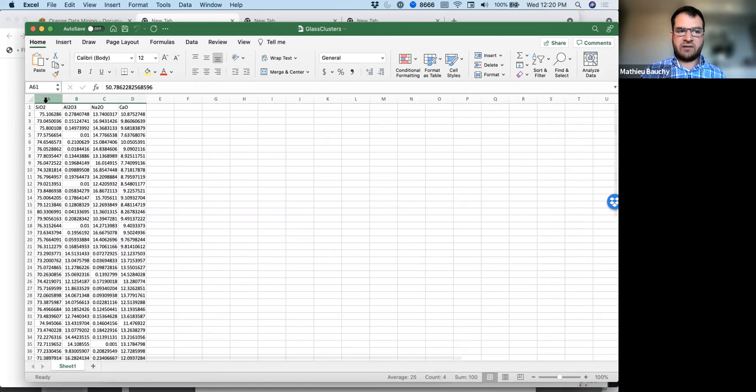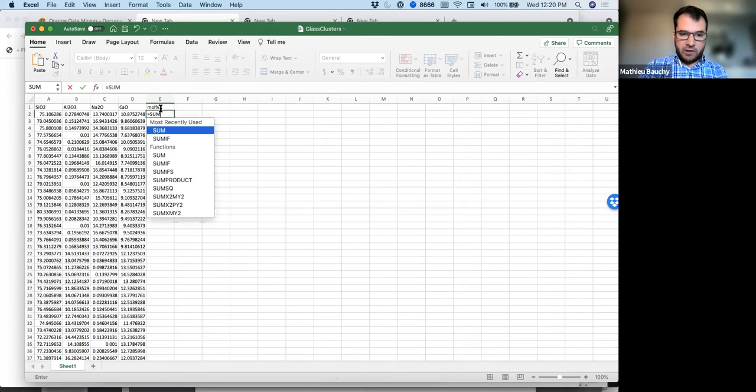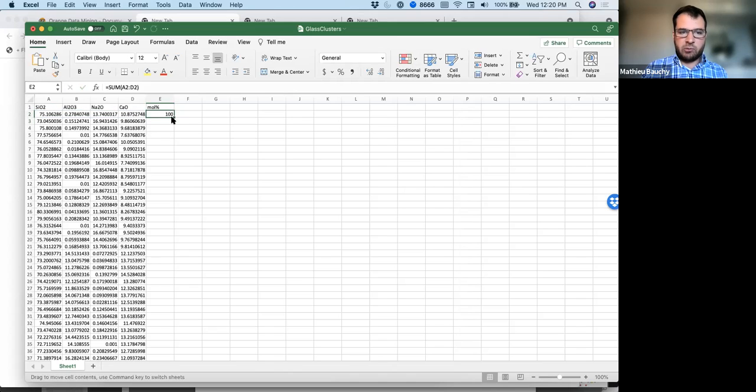For each of those glasses, you know how much silica, how much alumina, how much sodium, how much calcium it contains. Those are the mole fractions for each case. Those always add up to 100%, so the sum is always going to be 100%. So you get the mole fraction of each oxide within each of those glasses.